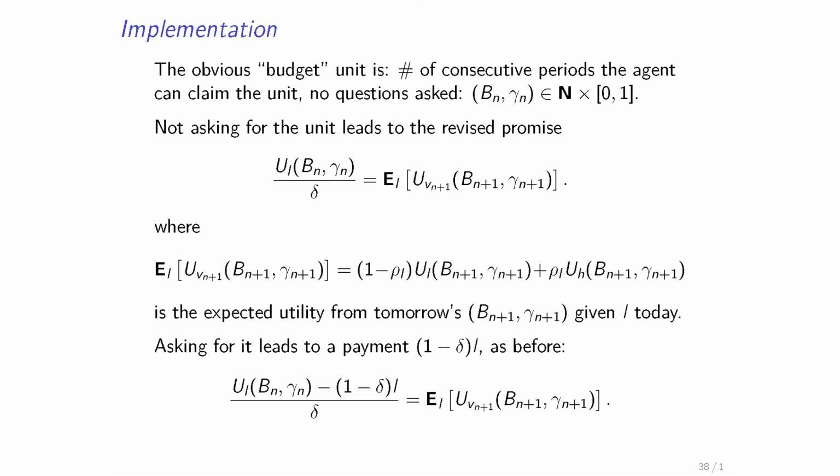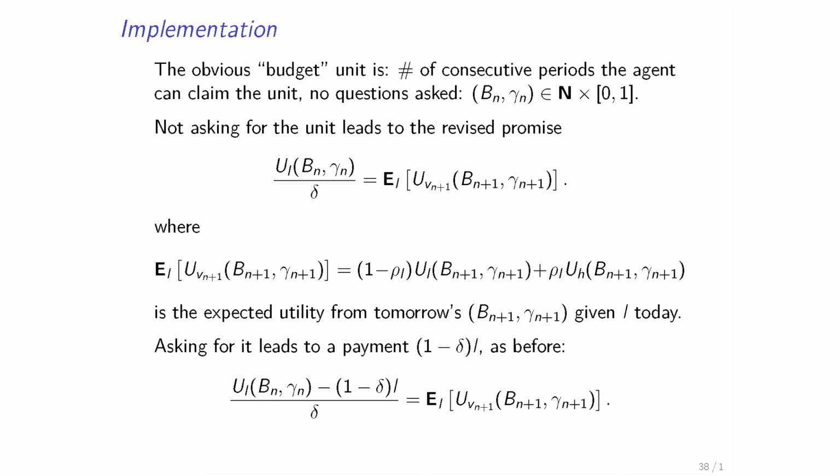Okay. So the optimal policy is to give the agent an account of the number of periods he can consume these units with no questions asked. If he does not ask, we update this account based on the promise keeping constraint.